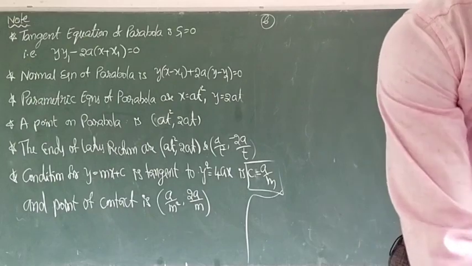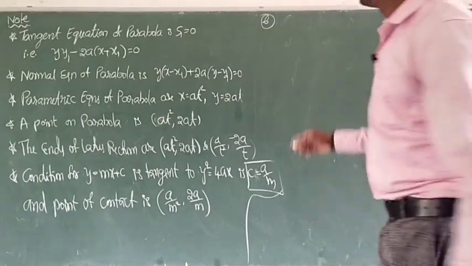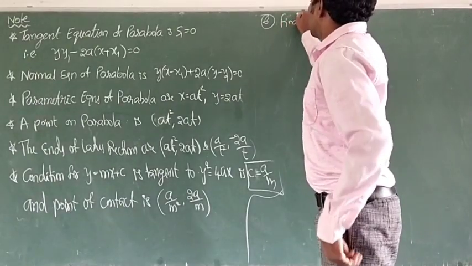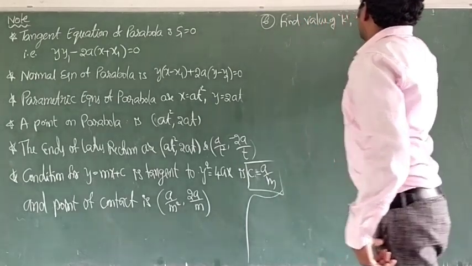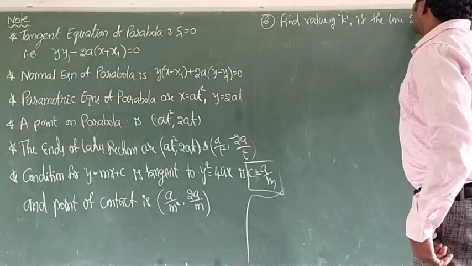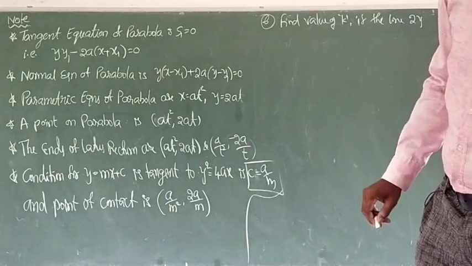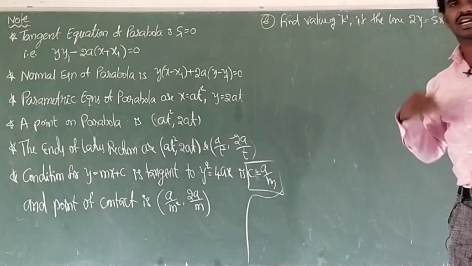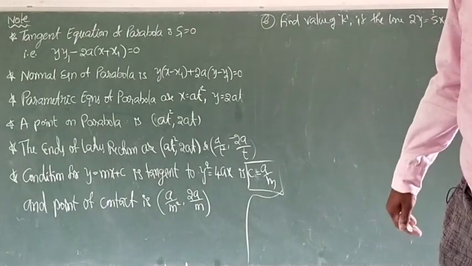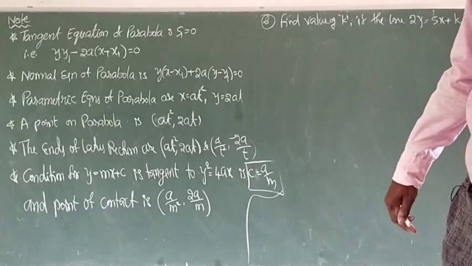Find the value of k if the line 2y = 5x + k. Questions I can't remember, that's why I am writing from the question book.